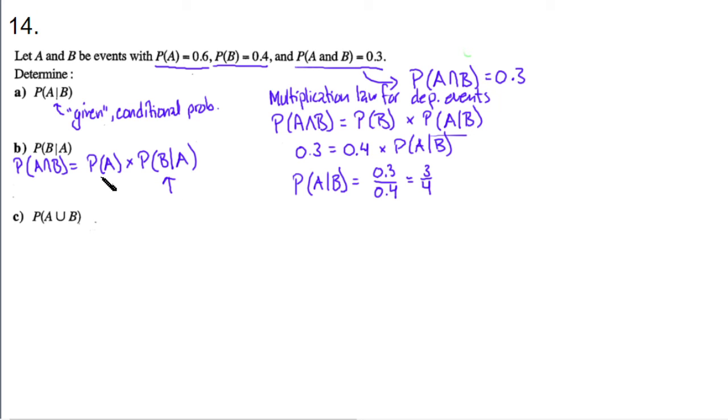We know the probability of A occurring, it's 0.6. And we know the probability of A and B occurring, it's 0.3. Just plug in the numbers. So 0.3, probability of A is 0.6.